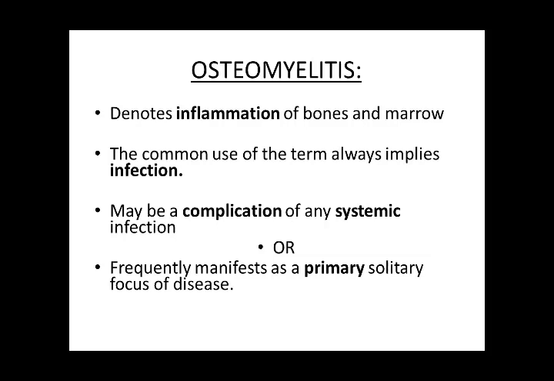Inflammation of the bones is the primary area where we are going to focus. It is actually the organisms that have caused our bone to get inflamed. It may be a complication of any systemic infection, right? If there is infection elsewhere, the bone may get infected through hematogenous spread.